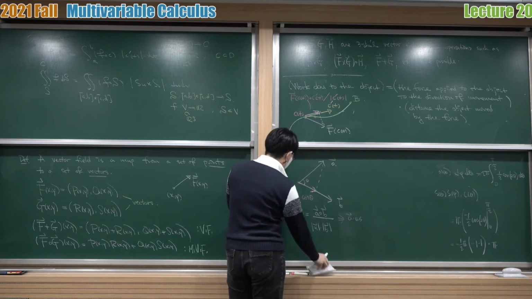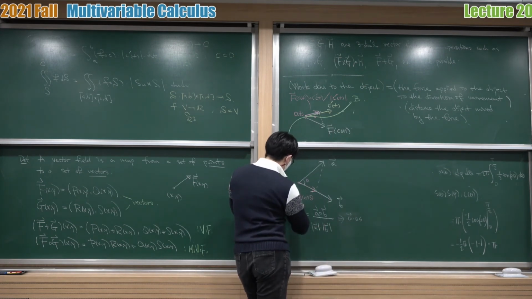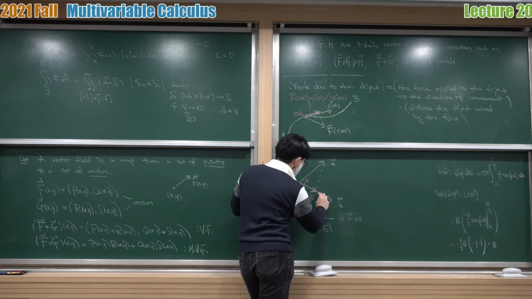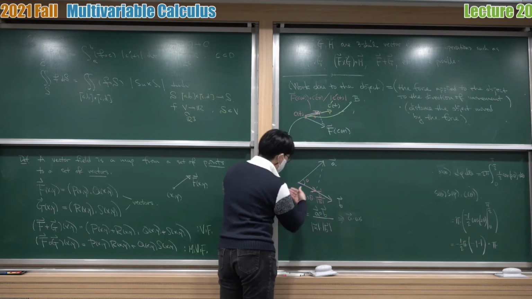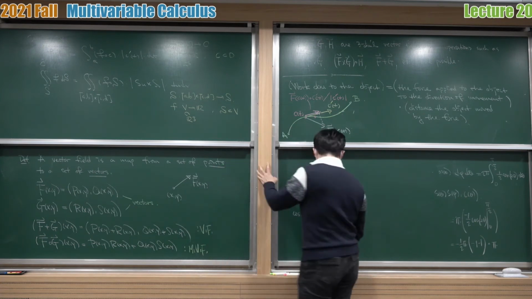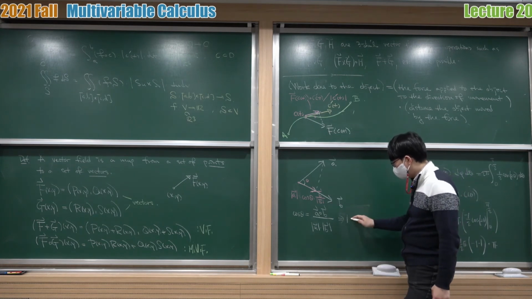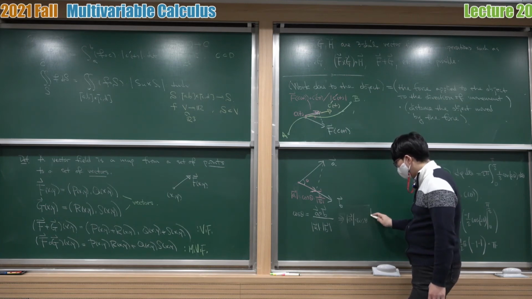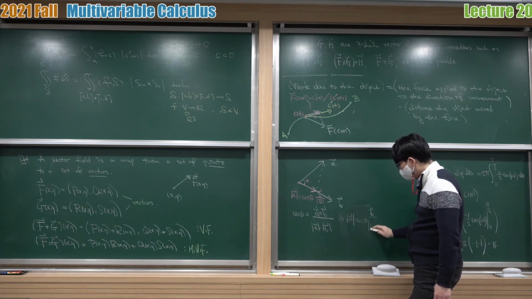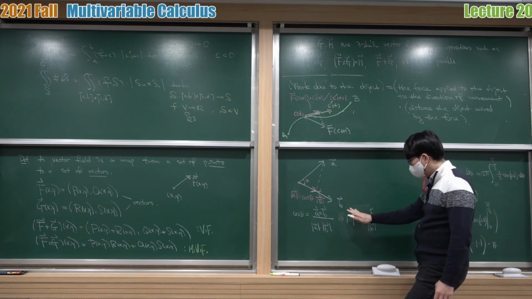Sorry, what am I doing here? So we need A cosine theta, that's the length, and then we have to multiply that with the direction of B. So that's our projection vector. So therefore, the projection is A times cosine theta times B divided by the norm of B.